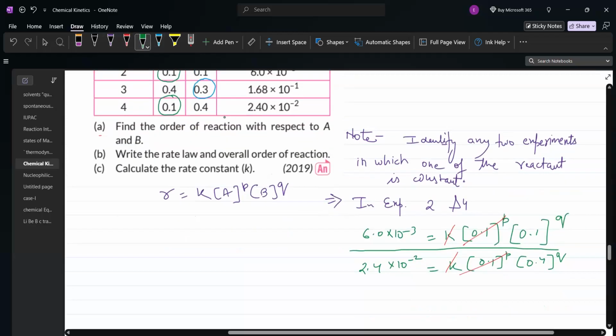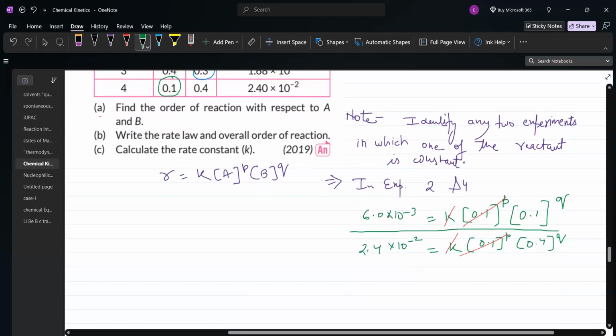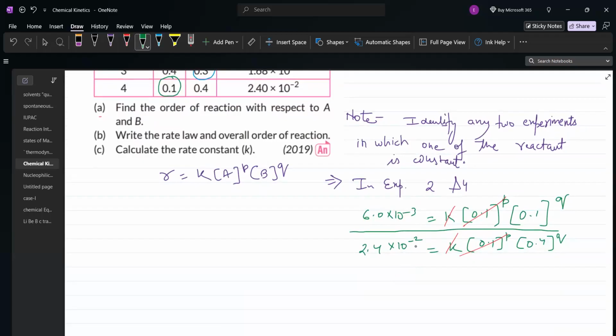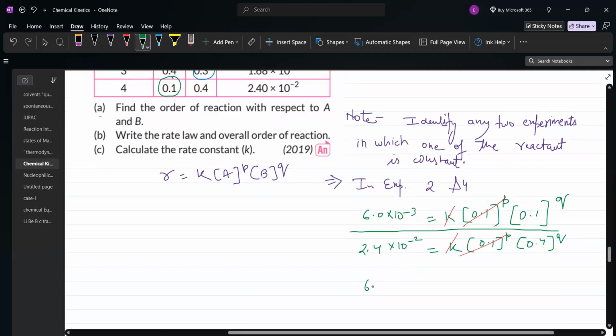Yes, sir. So we will do some calculations. So 6.0 into 10 to the power of minus 3, and here we have minus 2. So here we will write 24 into 10 to the power of minus 3. Okay, here what is coming is 0.1 upon 0.4. Everything else is gone, only this is left, so whole power q, right?